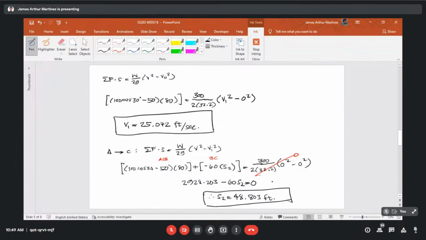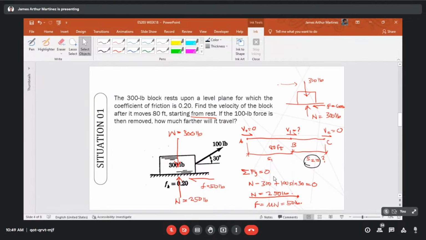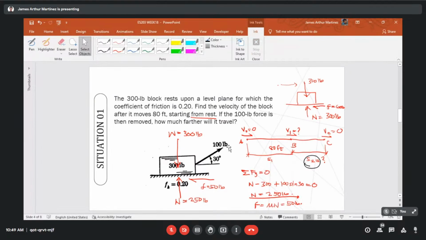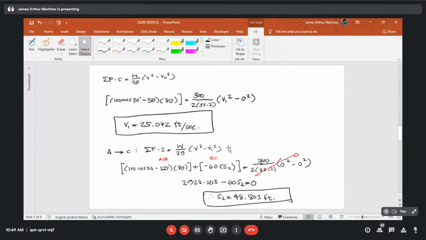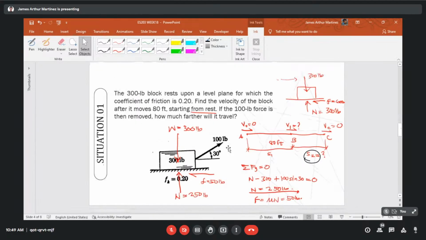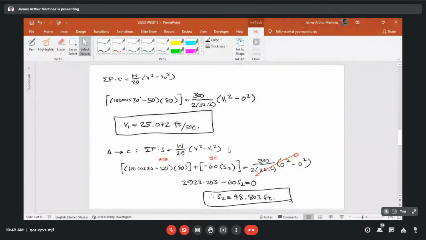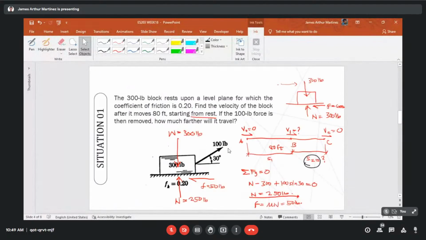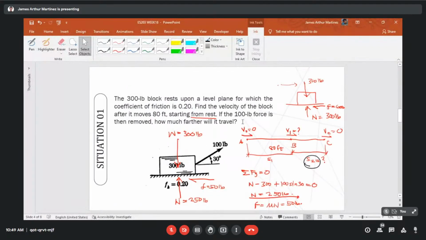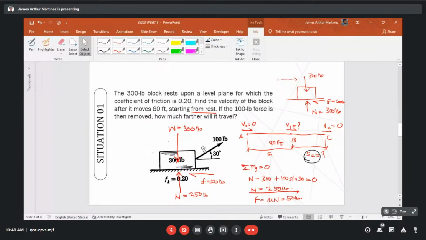So that's it for situation 1. Therefore, the velocity of the block after it moves 80 feet is equal to 25.02 feet per second, and it will travel 48.803 feet if the 100-pound force is then removed. So, questions or clarifications?